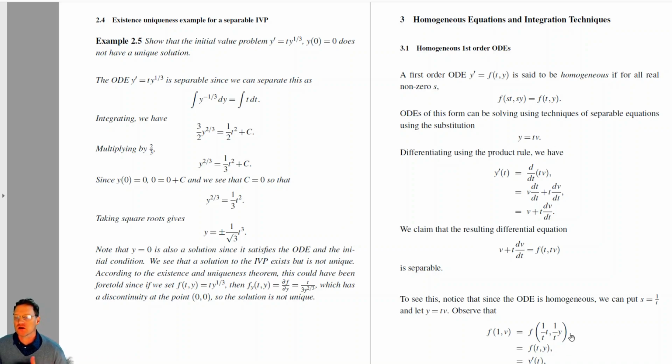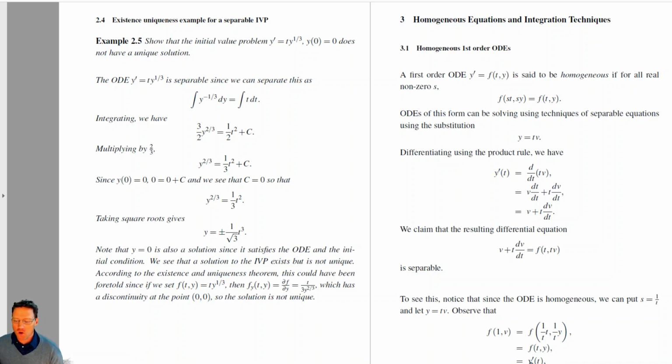Now because of that homogeneous property, we can pull out that 1 on t, and this is the same as f of t comma y, which is the same as y dash of t, since that's the way the equation was given in the beginning.